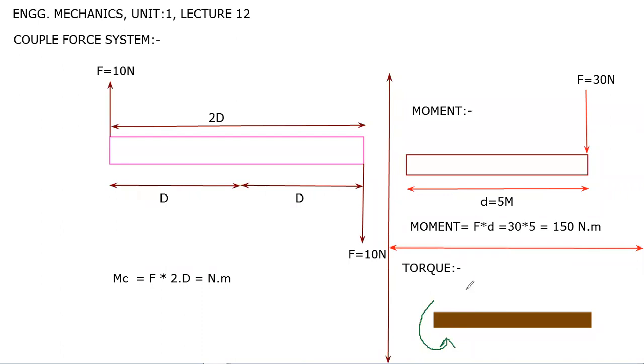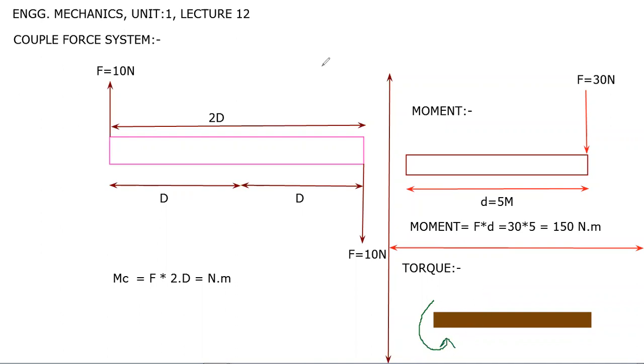So this will cause the rotation in this object, in this shaft, right? The rotation will be caused axially.